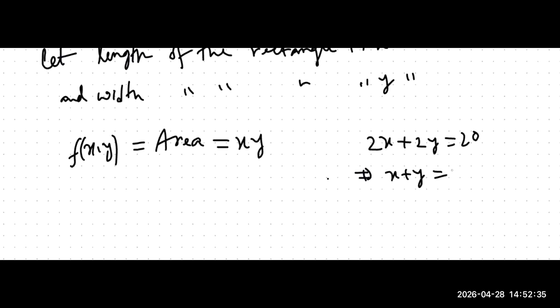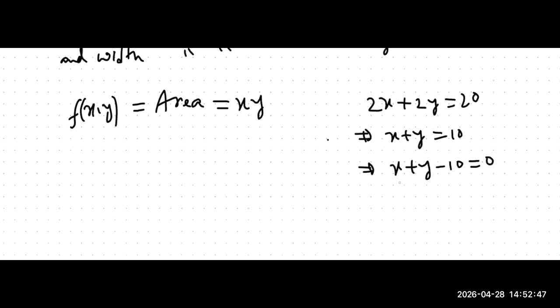We need to write all the variable and constant quantities on the left side, so x plus y minus 10 equal to 0. This is called g of x comma y, which is x plus y minus 10 equal to 0.